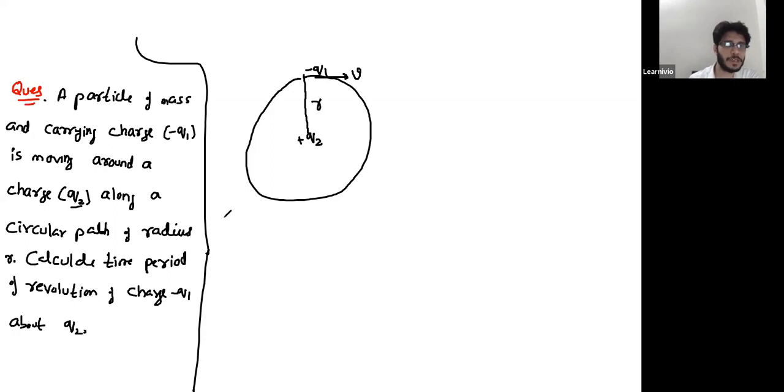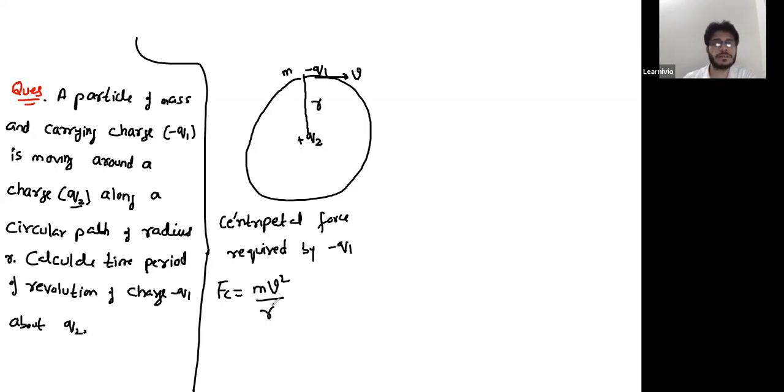What is the centripetal force required by minus q1, whose mass is m? It is mv square by r. So the centripetal force required by minus q1 is mv square by r.